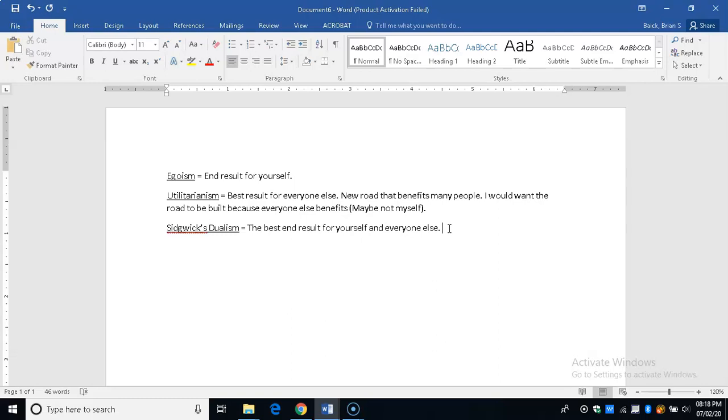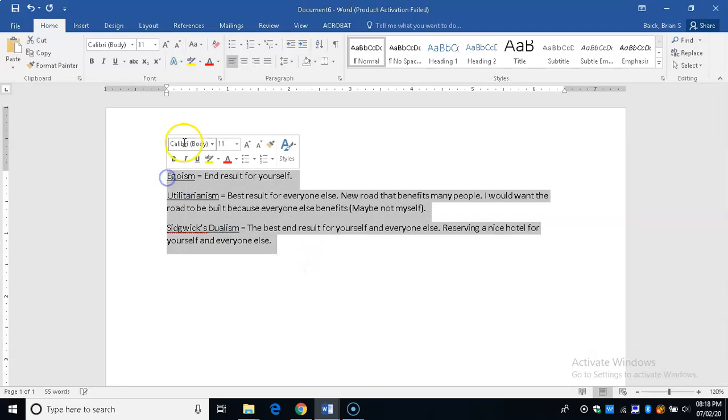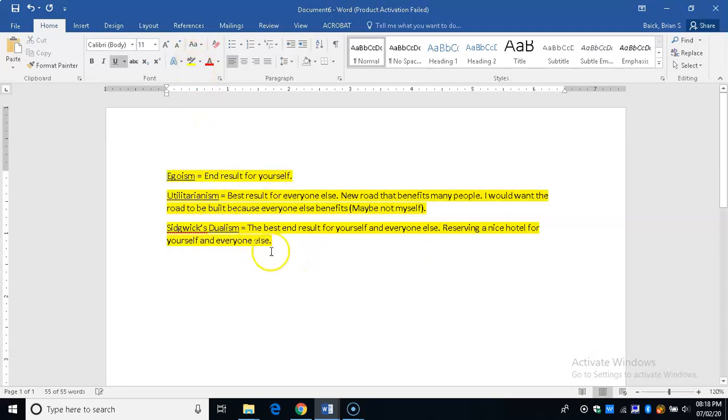So here, as an example, we can think about reserving a nice hotel because you want yourself to be comfortable and everyone else. Okay, so remember, these three standards deal with being a consequentialist.